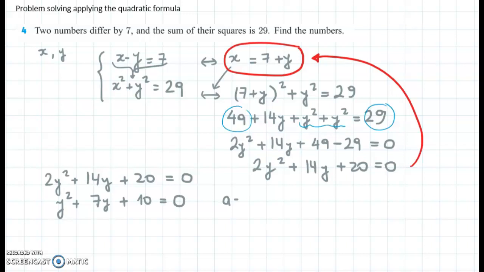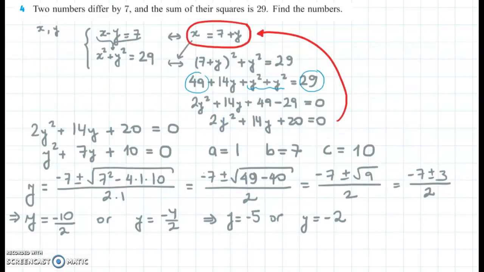So my value for a is 1, for b is 7, and for c is 10. And you should pause the video now and apply the quadratic formula to solve this. So what I'm getting over here is that the two possible values for y are negative 5 and negative 2.